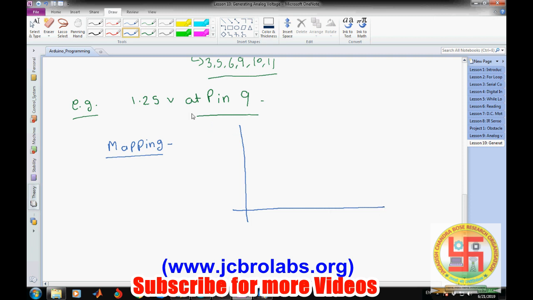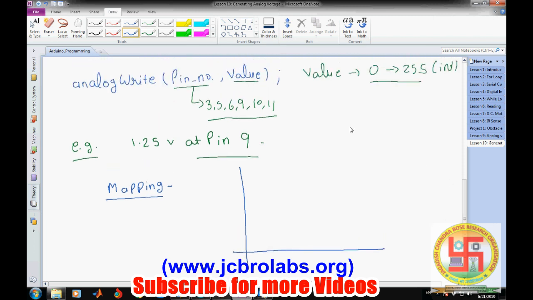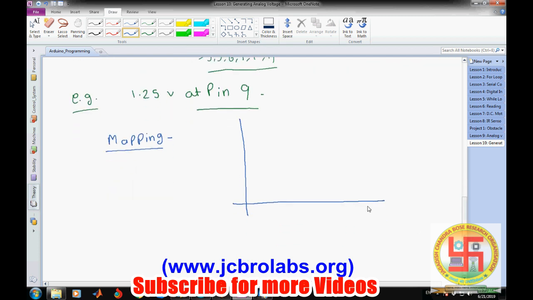We have this input voltage 1.25 and we want to find the corresponding value. Here we have 0, this is 5, and we want to generate the corresponding value, that is 255.